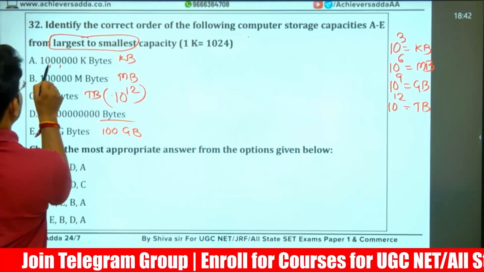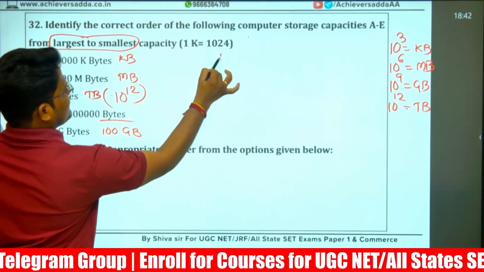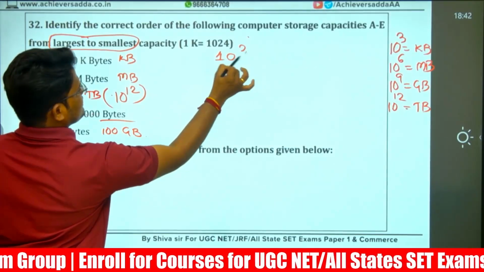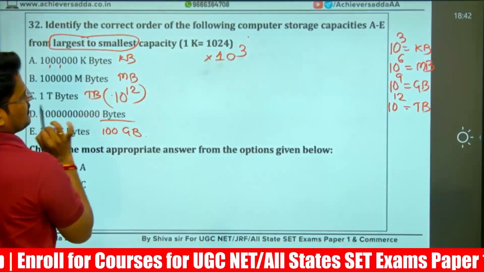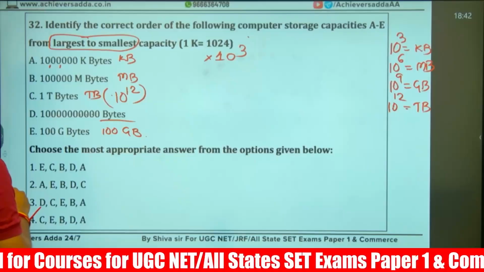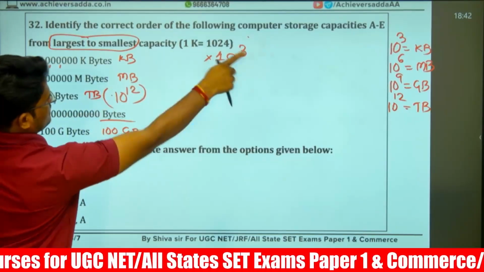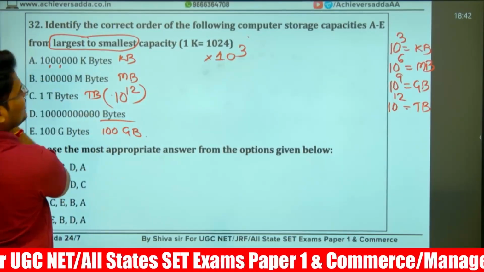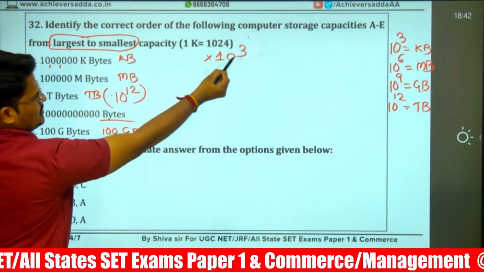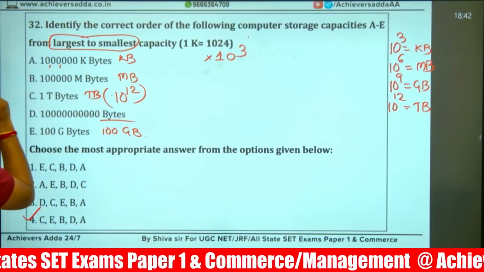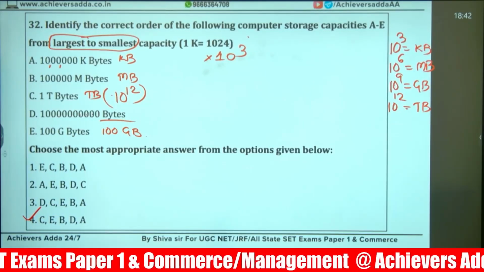Here 10 lakh KB is there. So 1 KB equals 10 power 3. But 10 lakh is there. So 10 power 3 is 1 KB. The remaining 10 lakh, how can I write?